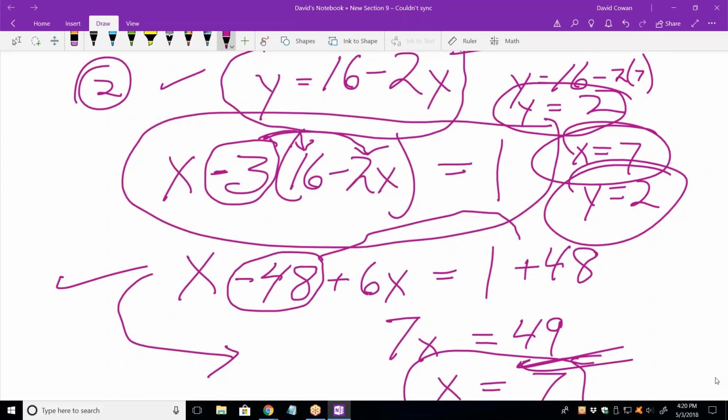And then once you solve for x, you go back into this equation. Actually, it could go into either one, but this number 2 is the easiest one. And you substitute back for x, 7. And then you solve for y. So when x is equal to 7, y is equal to 2. And there's your solution. X equals 7, y equals 2.